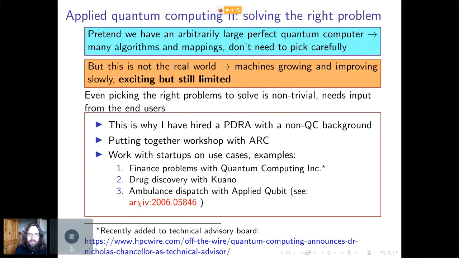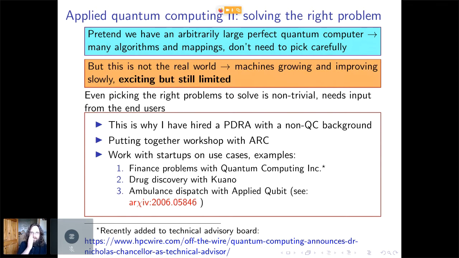Let's pretend that we have an arbitrarily large perfect quantum computer. If we have that, there are many algorithms and mappings, and we don't really need to pick them carefully because we have all the resources we want. But in the real world, you have machines that are slowly growing and improving. They're exciting, but they're still very limited.